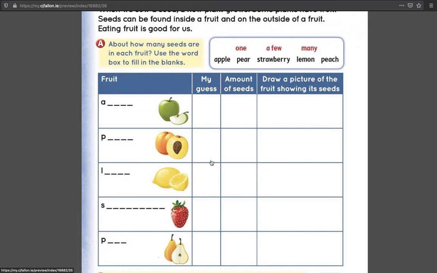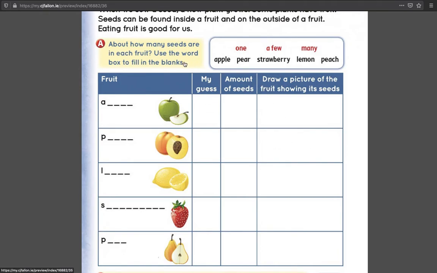And the next time you get the fruit, you could cut it open and count the amount of seeds that are actually in it, and you could put your answer in here. So this is a bit like our maths where you put down your estimate, your guess in here, and then you put in the actual amount later when you can measure for real. And then you can draw a picture of the fruit showing its seeds.